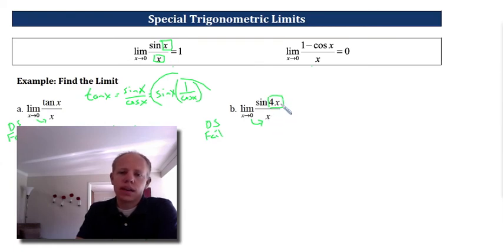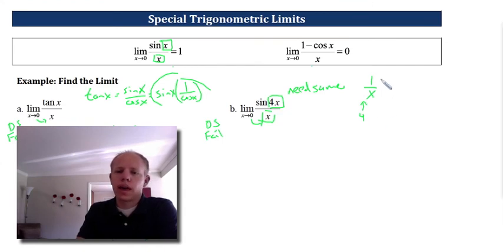So we need to get this number and this number to be the same. Then we could say that it equaled 1. So in just thinking about this, really what we have here is 1 over x. We need to get this to be a 4 down here.